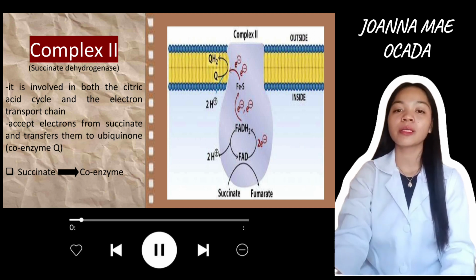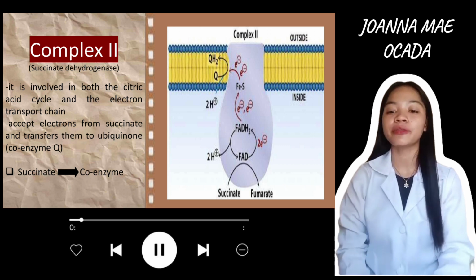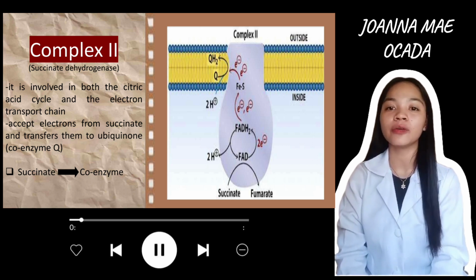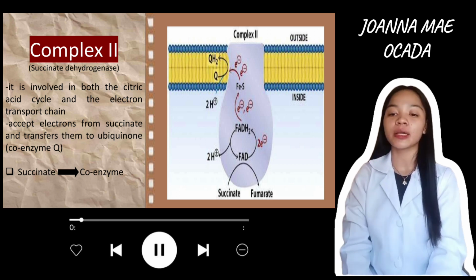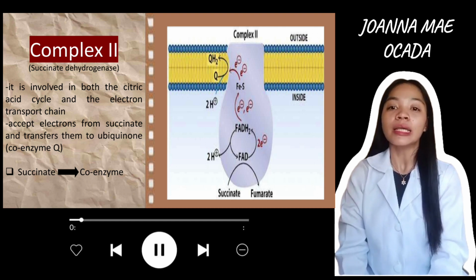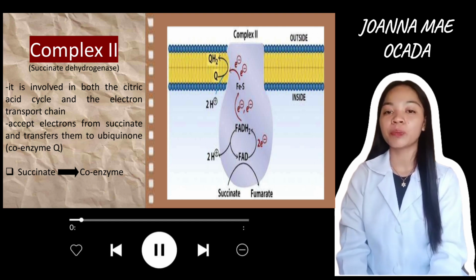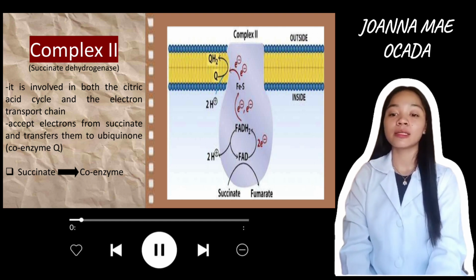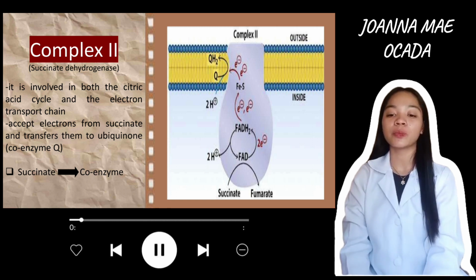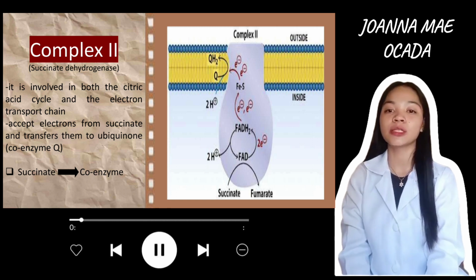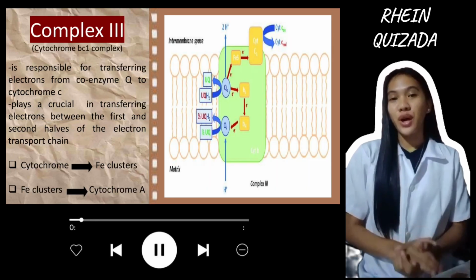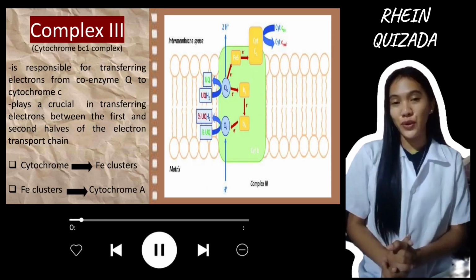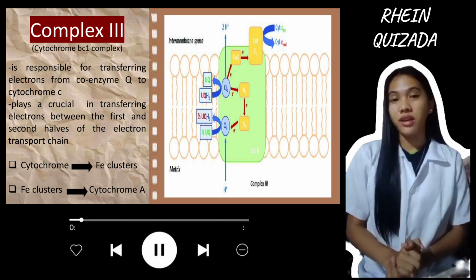In complex 2, the function involves the oxidation of succinate to fumarate, utilizing the FAD prosthetic group and coenzyme as intermediate. It is distinct from complex 1 in that it does not aid in generating the proton motive force necessary for ATP production. So for the next slide, we're going to tackle complex 3, or the cytochrome BC1 complex.